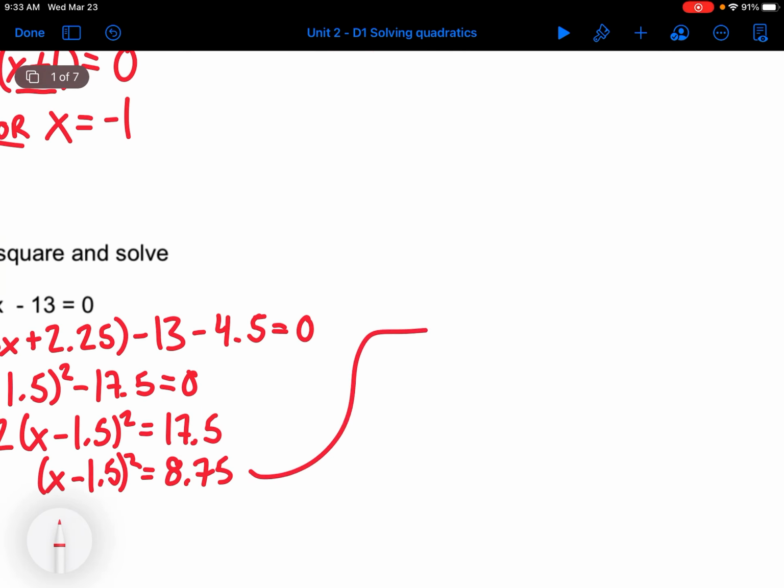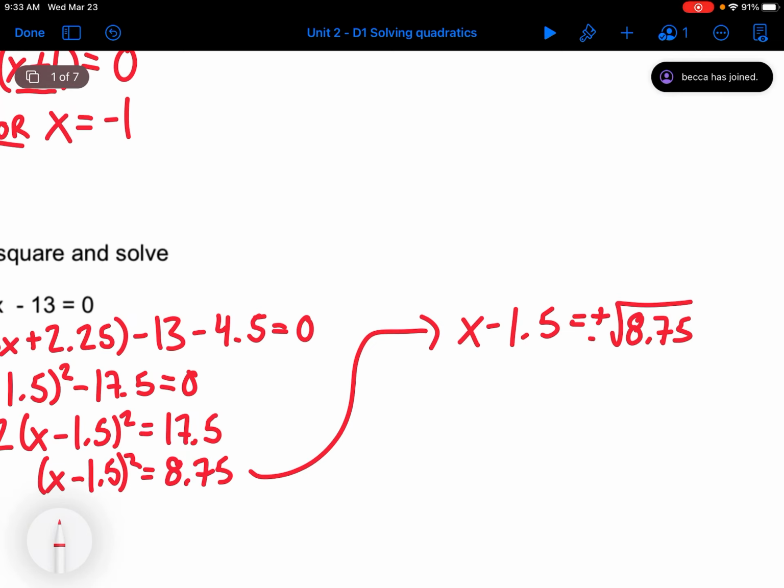Now I'm going to just move over here. I'm going to get x minus 1.5 equals the square root of 8.75. Now, if you were to square root 8.75, you're going to get a big decimal, 2.95, something like that. I'm just going to leave it as the square root of 8.75.